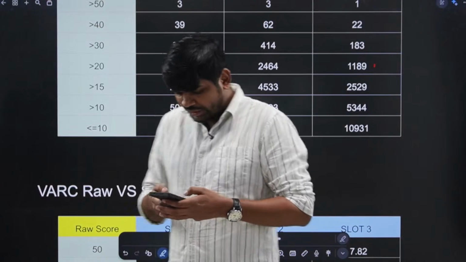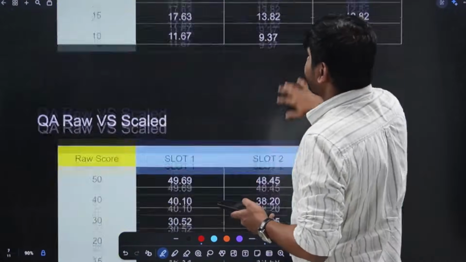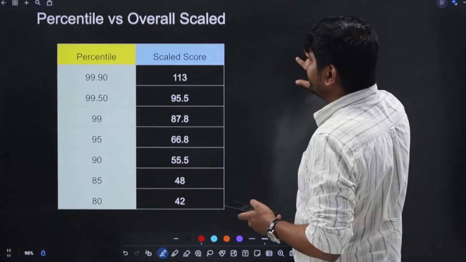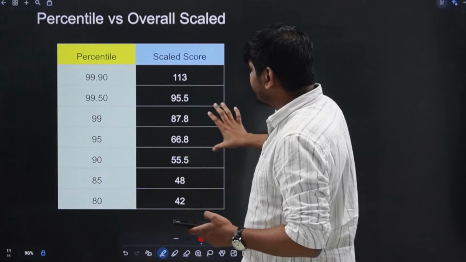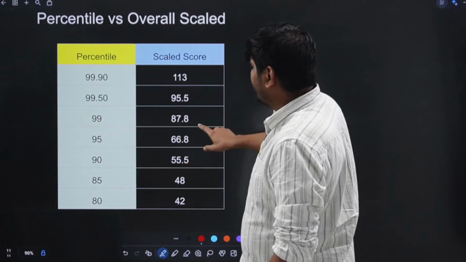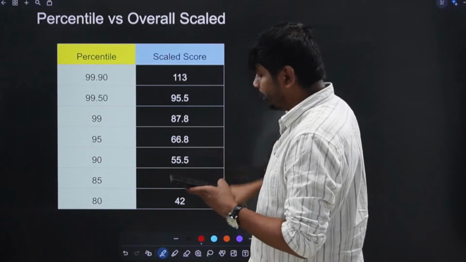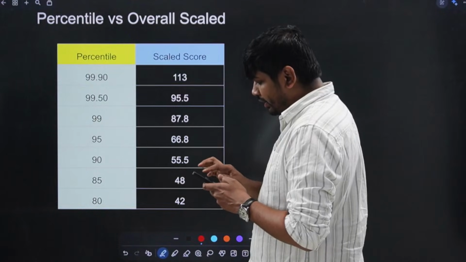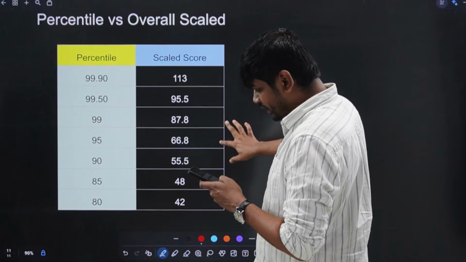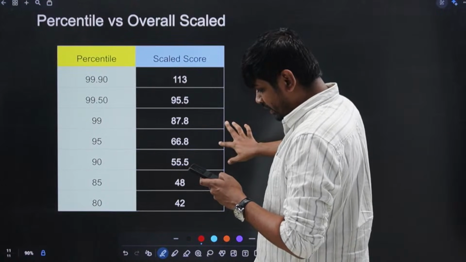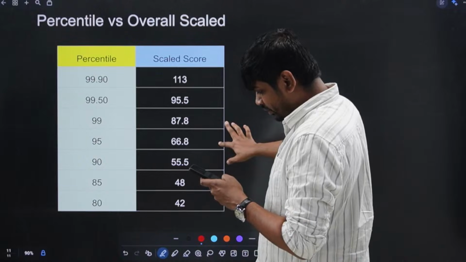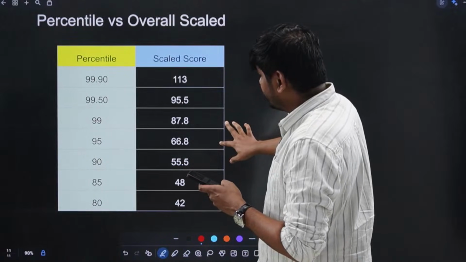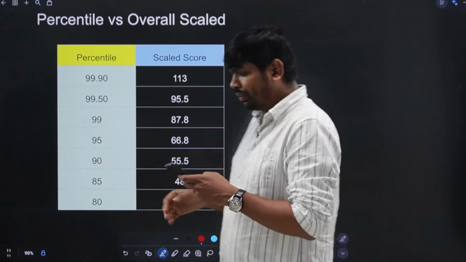Sir, scaled score for 97 percentile. So if we check for 97 percentile, I will just check the data which we have, and your score for 97 percentile will be somewhere around 72, 73 marks.